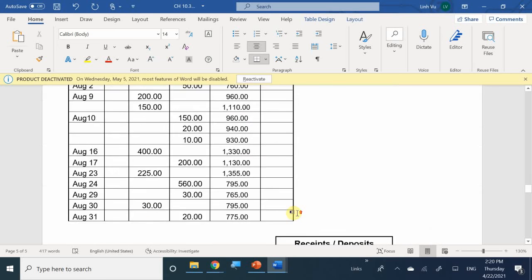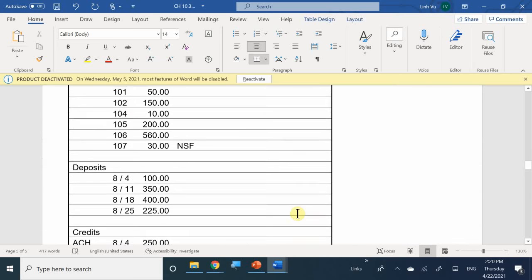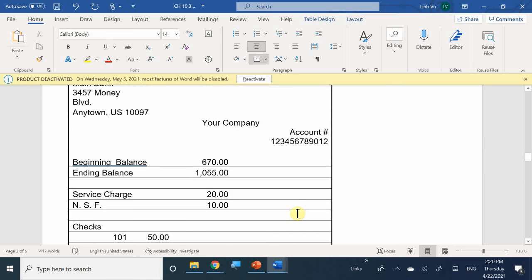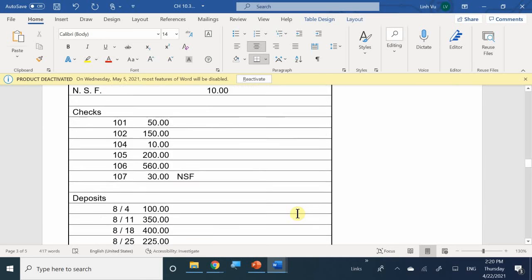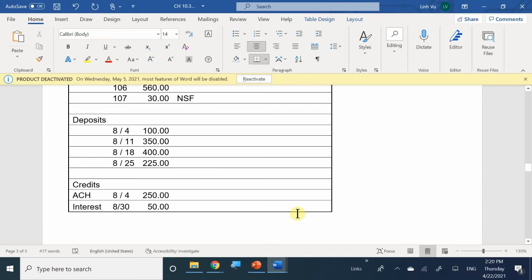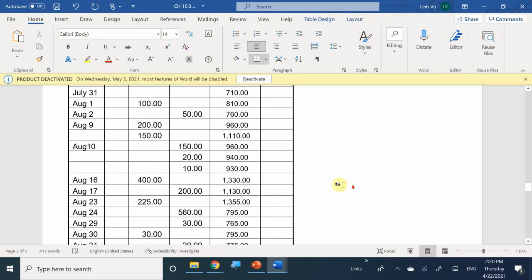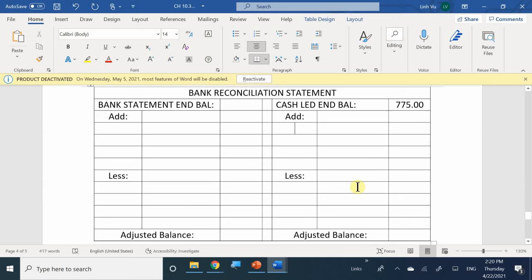So let's take a look at our bank statement. Here it is. Usually interest is going to be the last thing that's added in here. So what does it tell us here? How much interest did we collect and how much ACH did we collect? $50 interest and $250 ACH. Perfect. So once again, I'm going to go back down to my ledger.